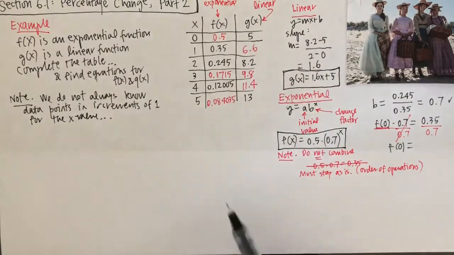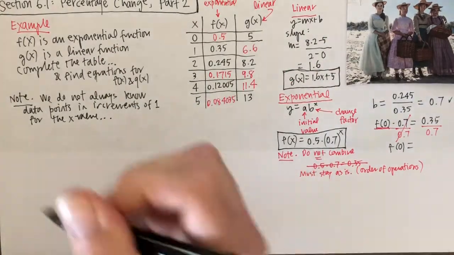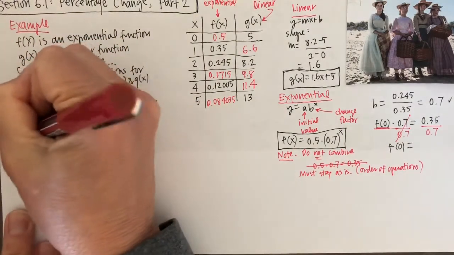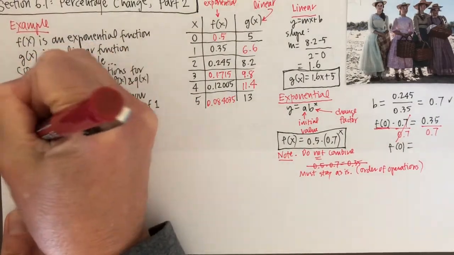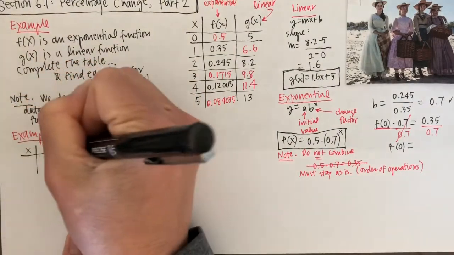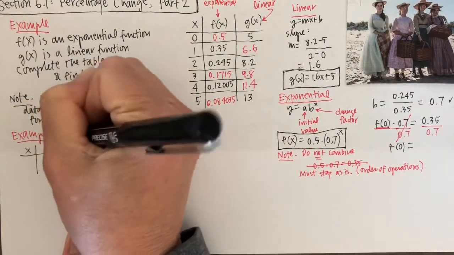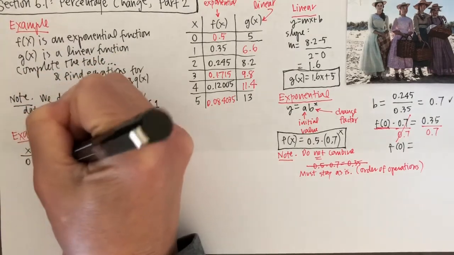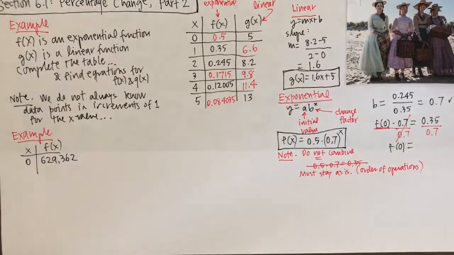So we have to come up with a strategy where if we had something like, say this was our example, we have only 2 data points of an exponential function, 0 as an input, and say 629,362 as the output.